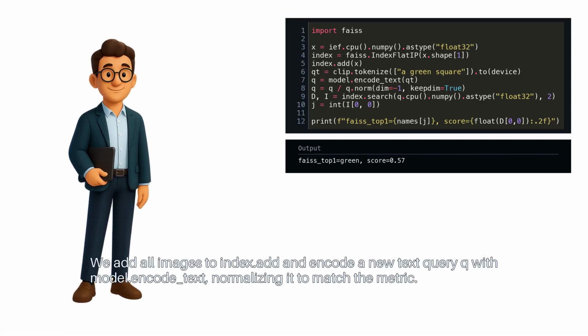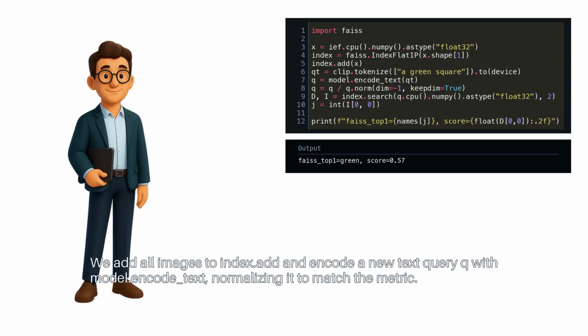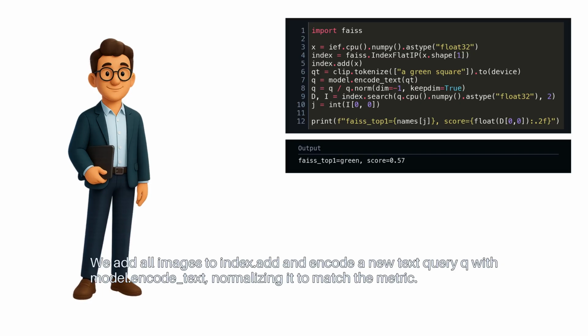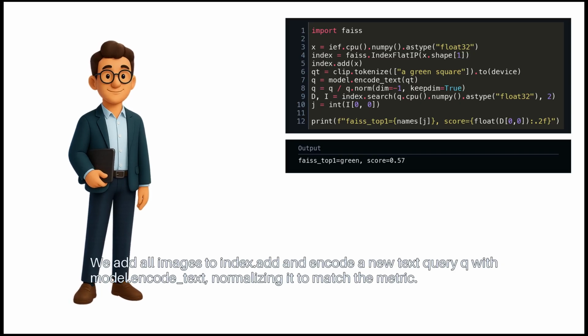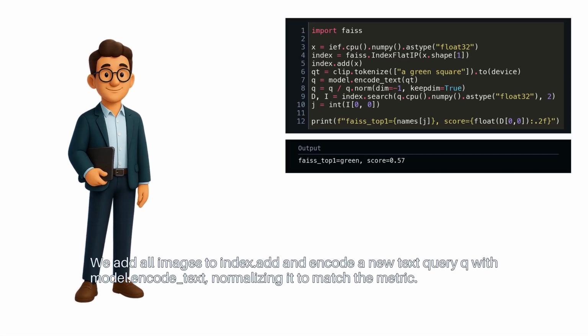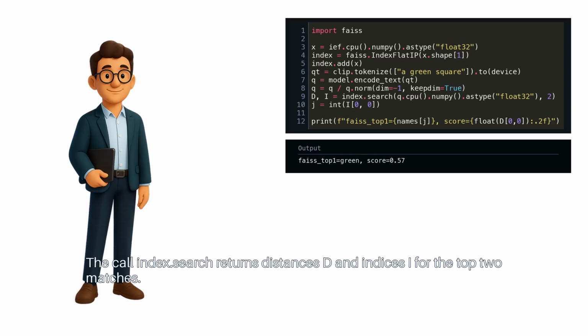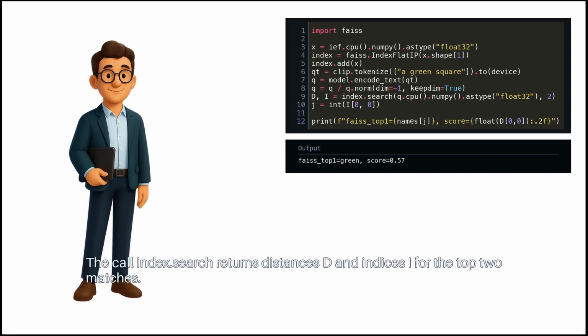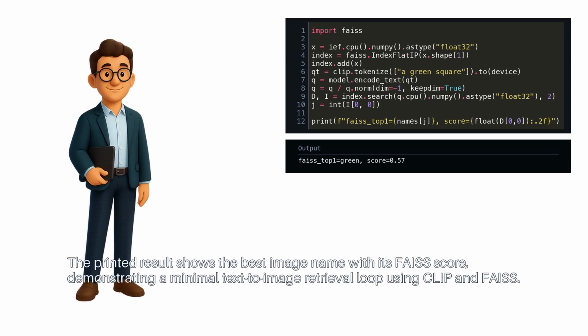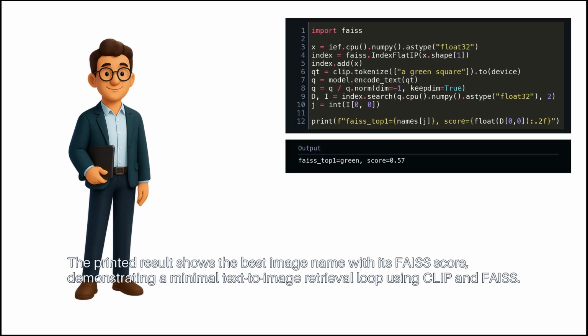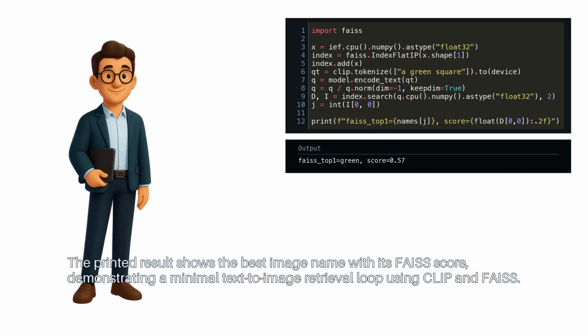We add all images with index.add and encode a new text query Q with model.encode_text, normalizing it to match the metric. The call index.search returns distances D and indices I for the top two matches. The printed result shows the best image name with its FAISS score, demonstrating a minimal text-to-image retrieval loop using CLIP and FAISS.